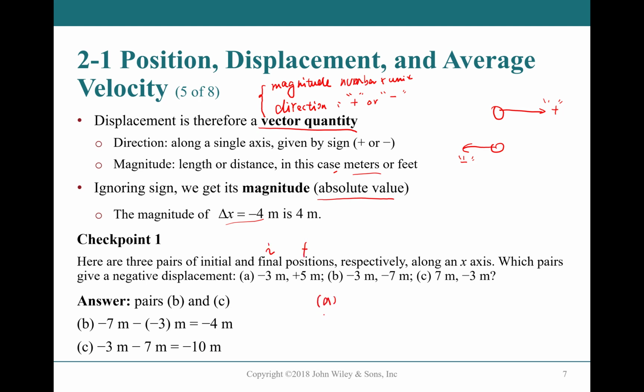I want you to calculate the displacement for A, B, C one by one, and you tell me the answer, okay? So what is the displacement for A, B, and C? A is going from -3 to 5, B is going from -3 to -7, and C is from 7 to -3. So tell me what are the displacements?